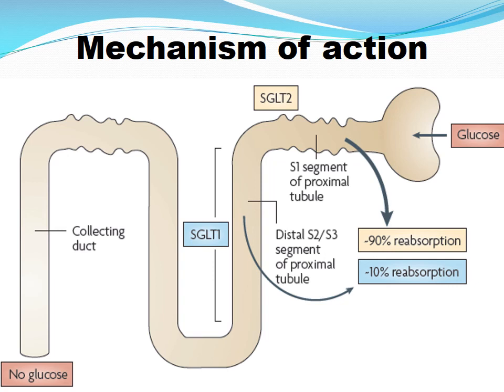The two transporters responsible for this process are SGLT2 and SGLT1. So they will decrease glucose excretion in the renal tubule.